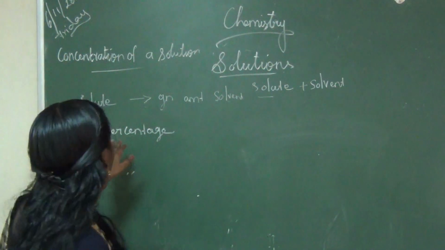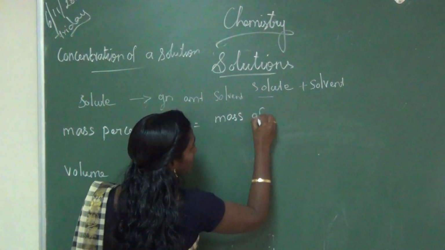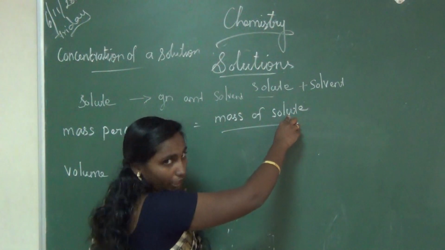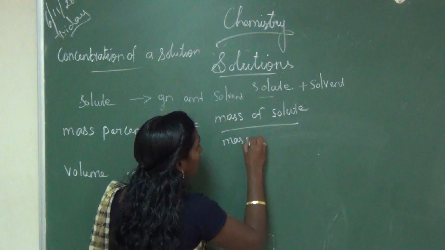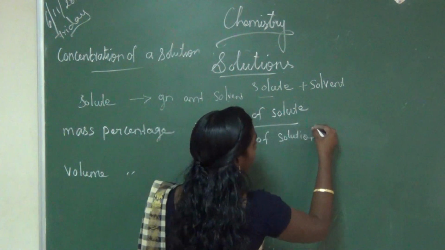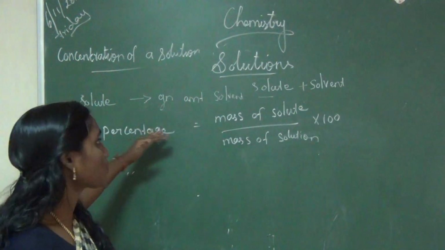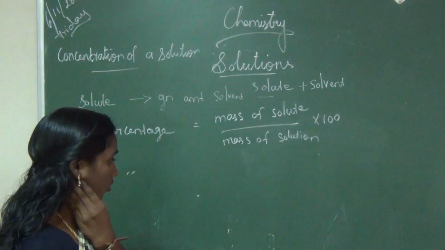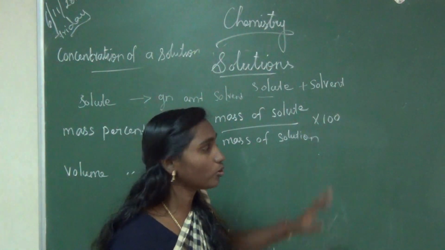Mass percentage is equal to mass of solute, salt or sugar, any one, divided by mass of solution, into 100. This is the formula of mass percentage.